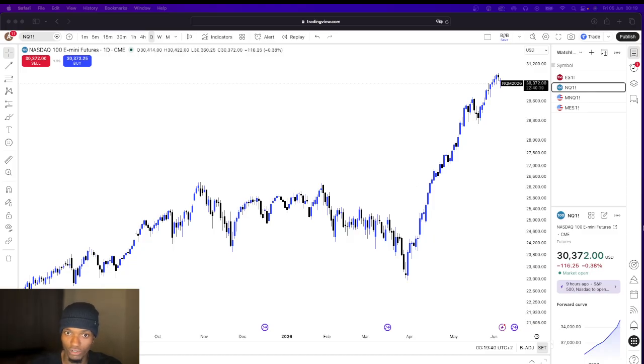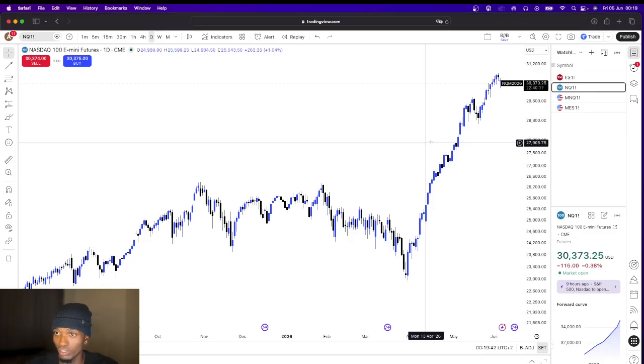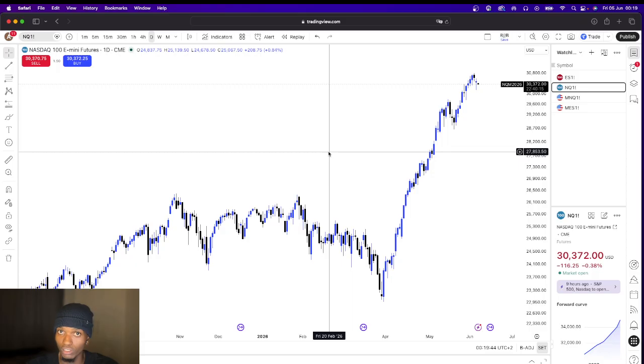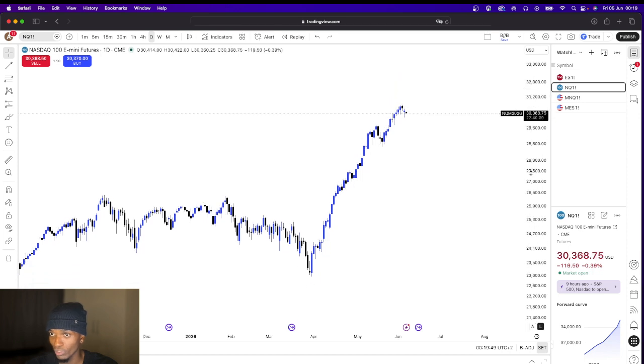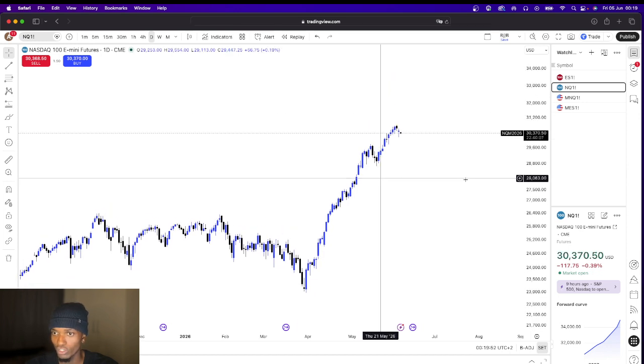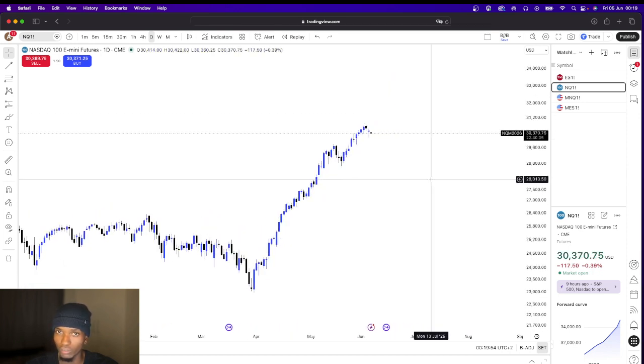Let's just head over into the chart, and I will show you. I'm not sure if you understand market structure, an uptrend and a downtrend.